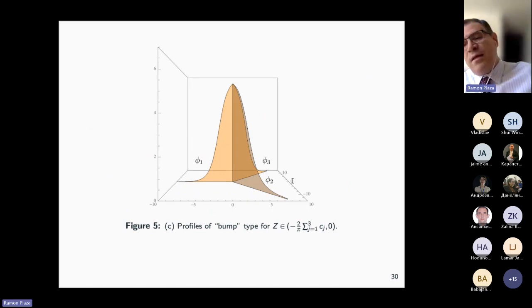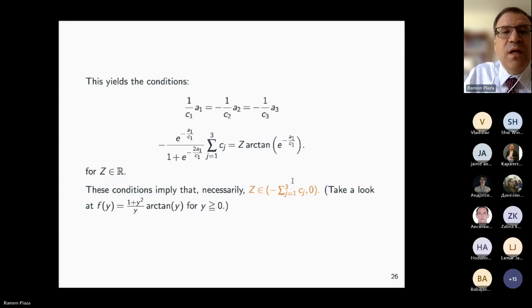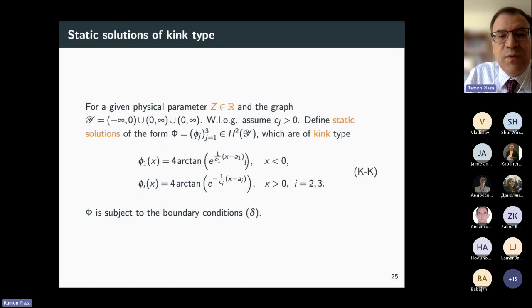So these are the three types of stationary solutions for the sine-Gordon model on a Y-junction graph with delta conditions and of kink type. Recall that we started from these ansatz. So all the profiles are of kink type.